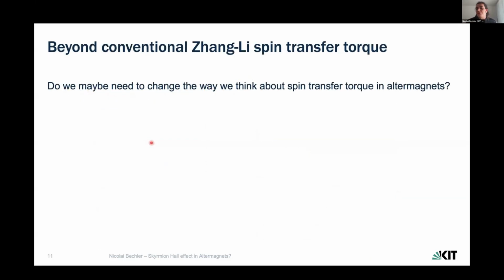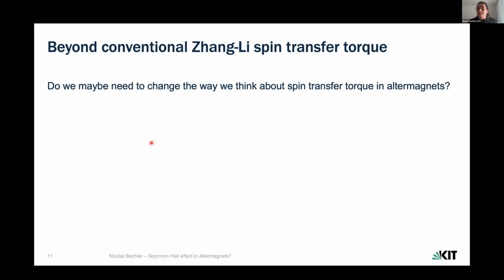Because maybe we need to rethink the way spin transfer torque works in an Altermagnet. So typically, you apply a spin transfer torque of the same magnitude in both sublattices. And this is fine for antiferromagnets or for ferromagnets.